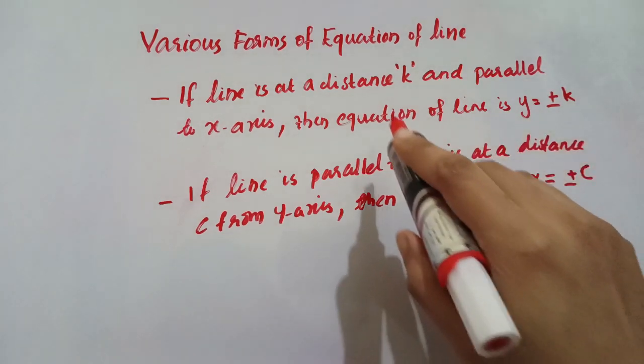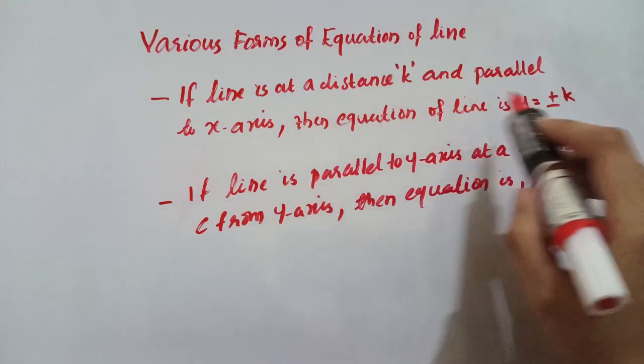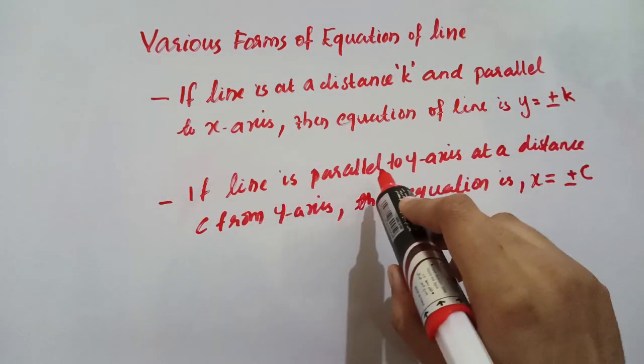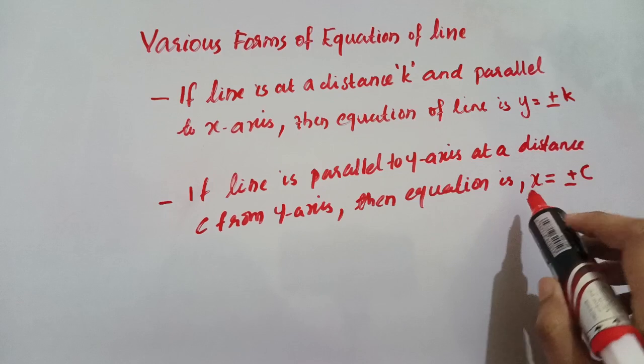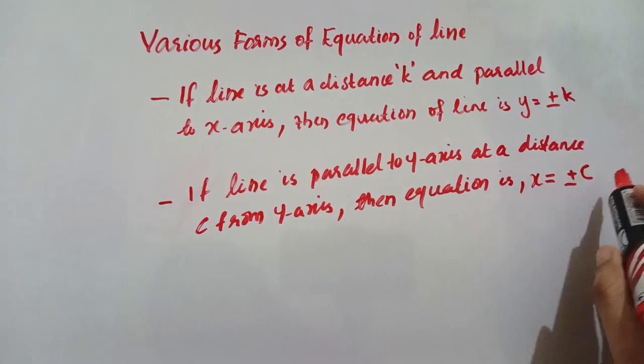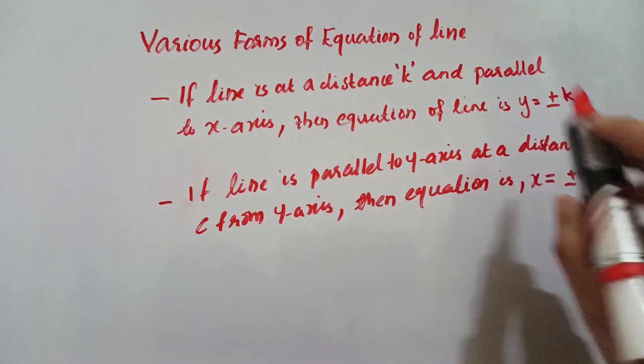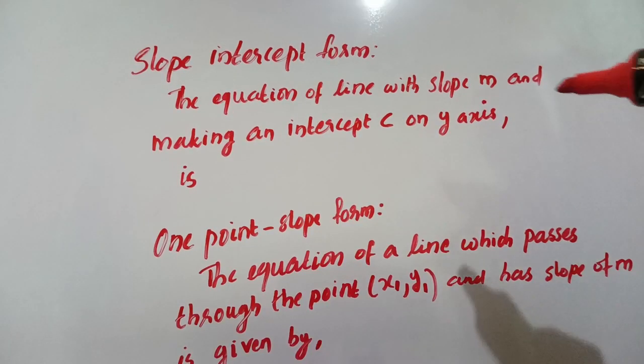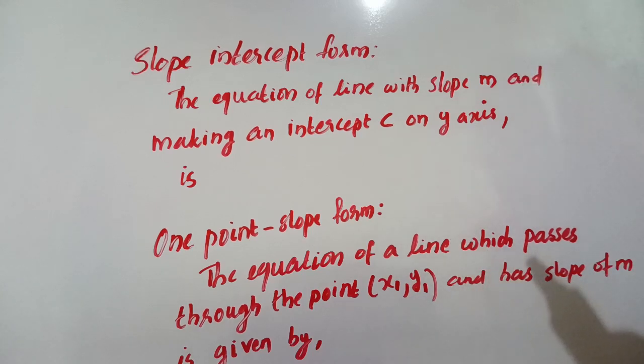Therefore, if the line is parallel to the x-axis, the equation is y equal to plus or minus k. If the line is parallel to the y-axis, the equation is x equal to plus or minus c. Here k and c are the distances of the line.